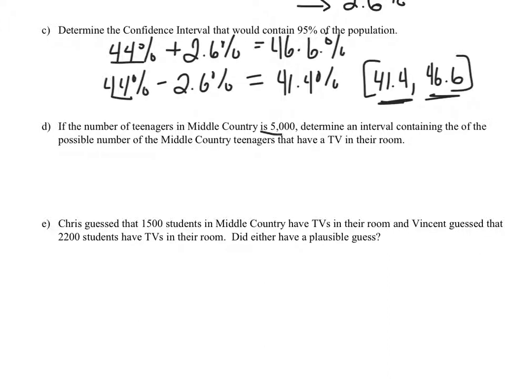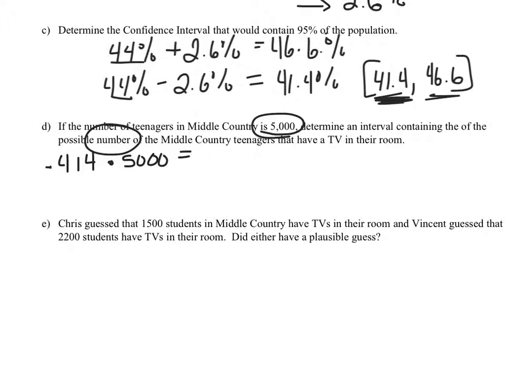In Middle Country, let's say there are 5,000 13 to 18-year-olds. How many of them have a TV in their room? This is a percent, and I want the number. So I take 0.414, the decimal equivalent, and multiply that by 5,000.